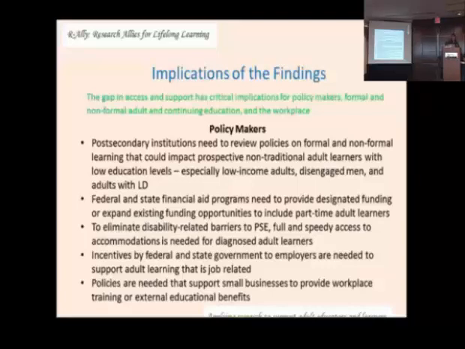Going back to that very first slide that I showed you, we definitely have the need there. So if we're looking at adults with low income, men who perhaps have become disengaged in learning, adults with learning disabilities or physical disabilities for that matter.